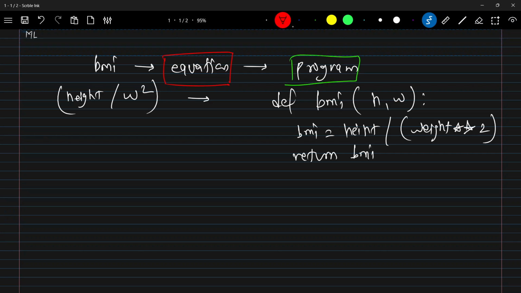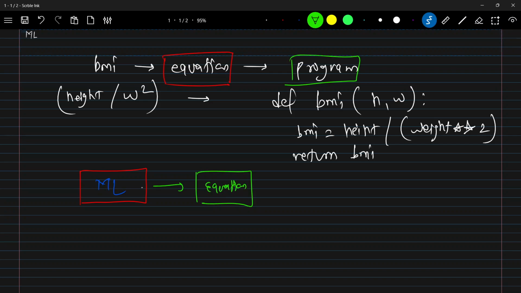So in machine learning, this equation is created by the machine learning model itself. And then it will also write the program for it internally. We will just use that program as an equation. We will write a program, but we will use that equation in our program.